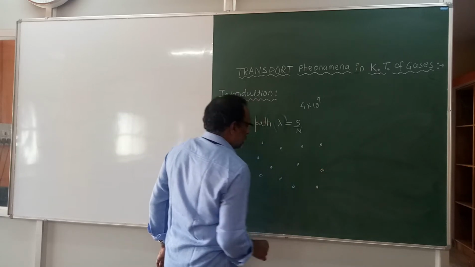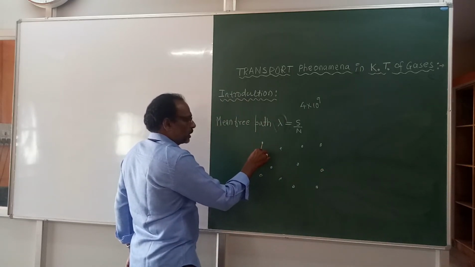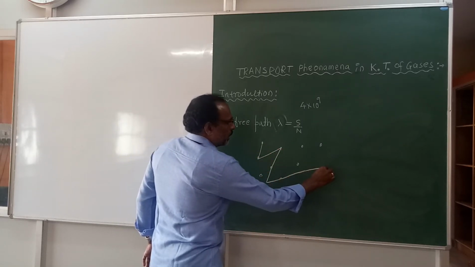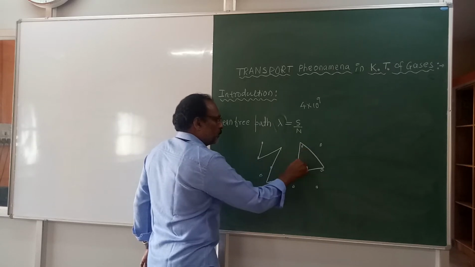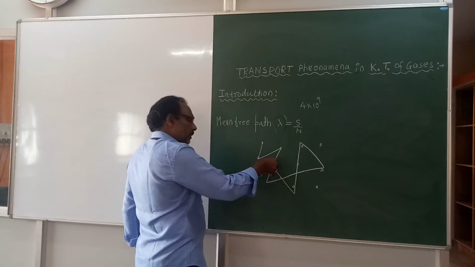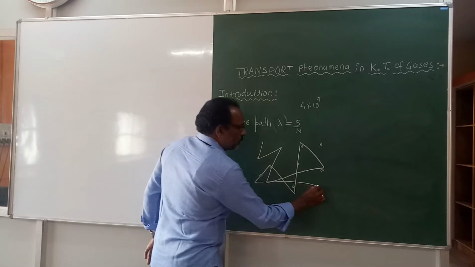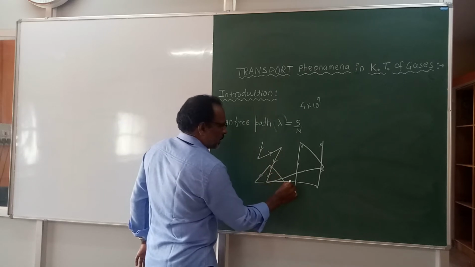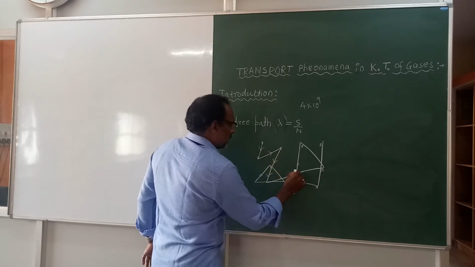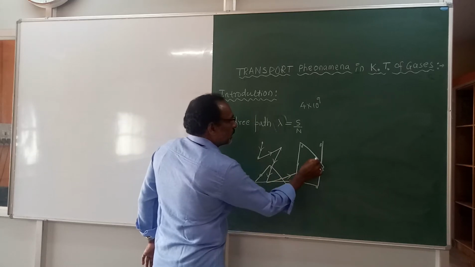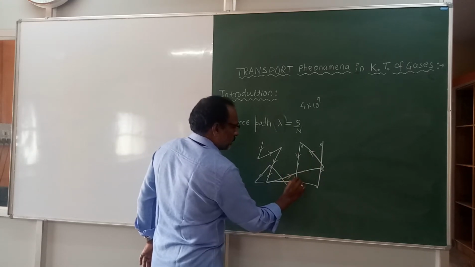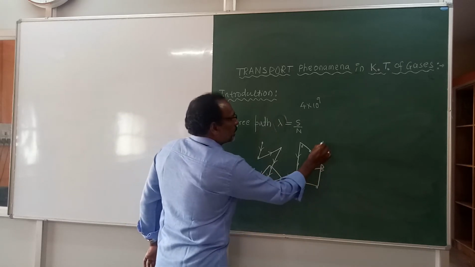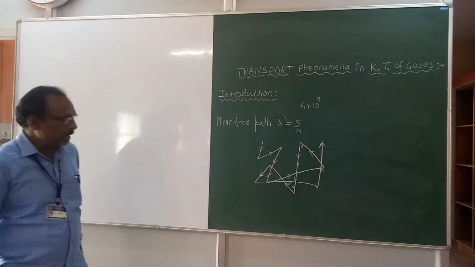These are some molecules randomly distributed. I will draw some paths here. They move in different directions, this way, this way, and then here, again it goes here. So this is a zigzag path.